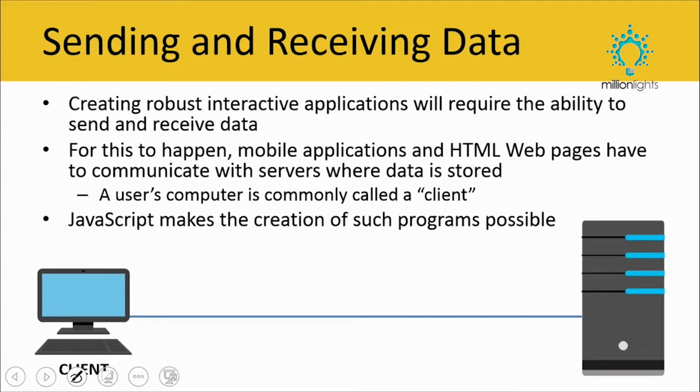Note that a user's computer, our computers, are commonly called clients, right? We're able to send data back and forth with servers because of things like JavaScript, right? They make the creation of all of our programs possible and the ability to send and receive data possible, right? So here, you've got a computer sending data to a server, and then, of course, a server sending data back.